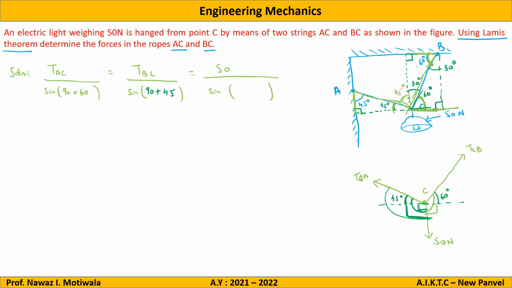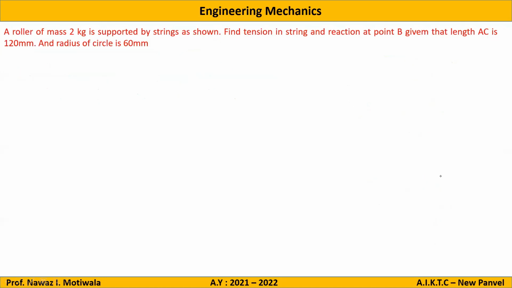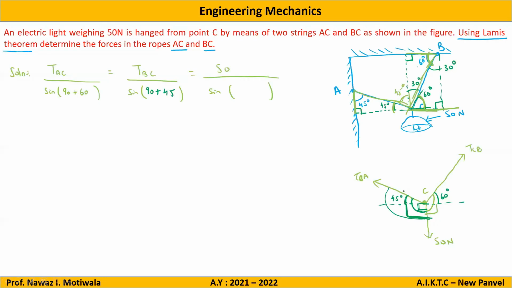The last one, TAB divided by sine of the angle between the other two forces. That means this angle. I'm using different colors so that we can refer to it later. The angle is 180 minus 45 minus 60. I will write the same thing here, so that when you refer later, you can see where we got the answer.